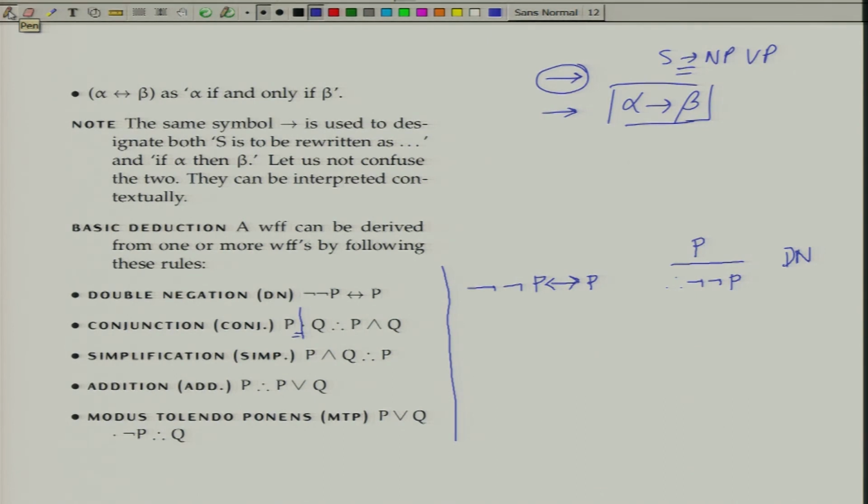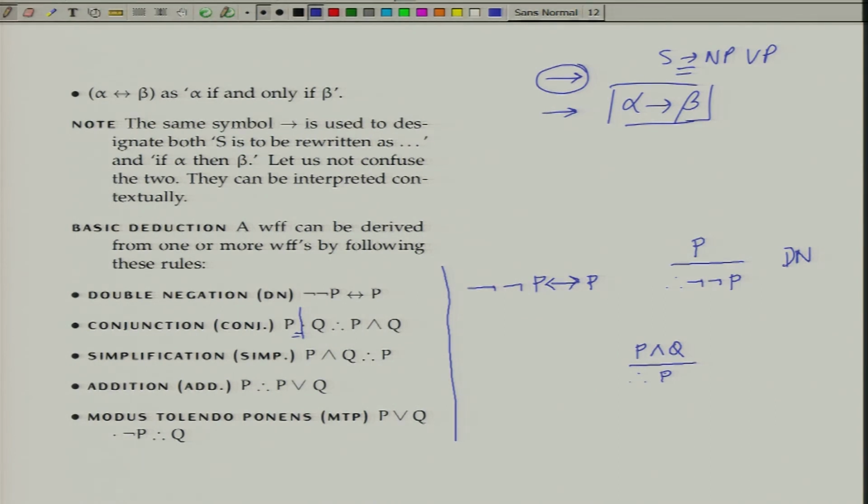Rule number 3, which is called simplification, is an elimination rule. What do I mean by that? There was a logical operator in my premise, and then I eliminate it and I just get rid of it and I do something else. So what I do is I know that P and Q. From that I can easily conclude P. So this rule is called simplification.